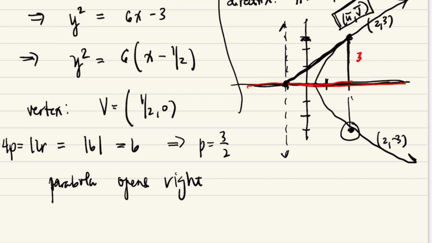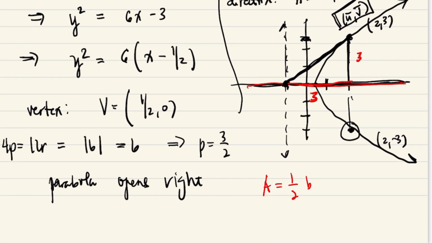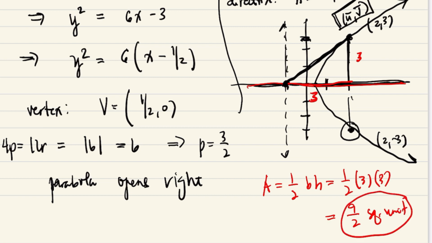So 2p is 3, so p is 3/2, and this one is also 3. So the area of the triangle is 1/2 base times height, and so I have 1/2 times 3 times 3, so the answer is 9/2 square units. So this is the answer we're looking for.